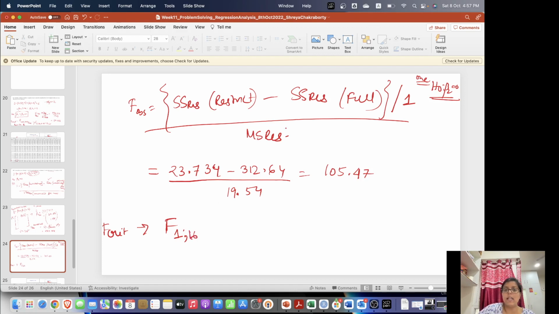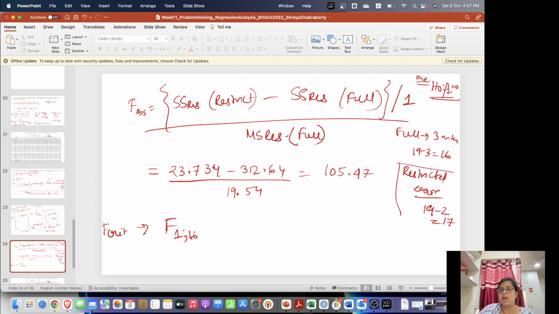Why? Because this MS residual is from the full model. Full model had 3 unknown parameters, so 19 minus 3 was 16. But the restricted model has an error df of 19 minus 2, that is 17. So this one is 16 because the denominator will always be with respect to the full model.